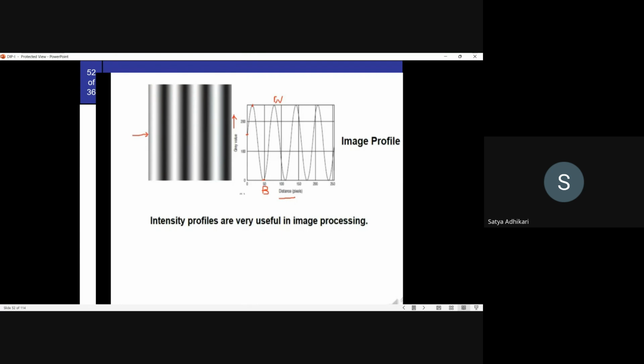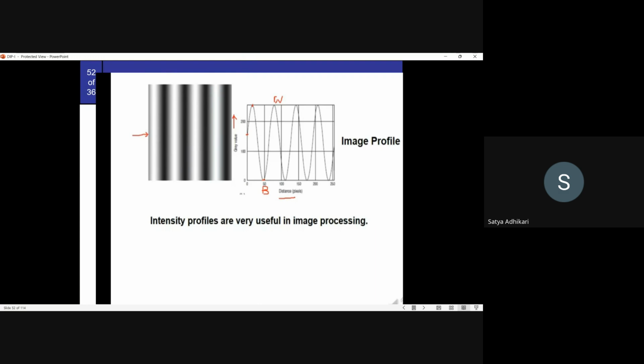You see here the graph represents, I have written there in my handwriting, B and W, and you see the image. The image contains white color, then black, then white, then black, repeatedly.